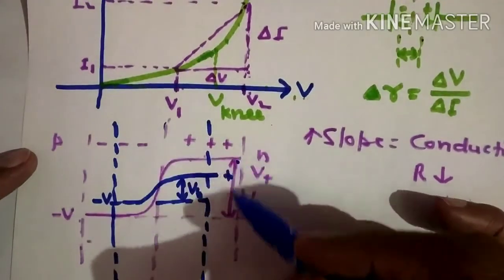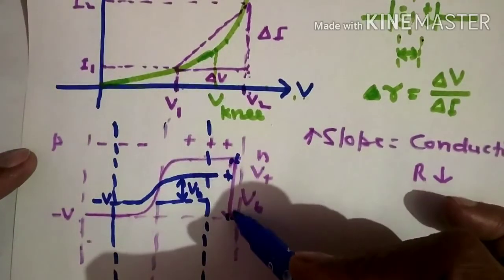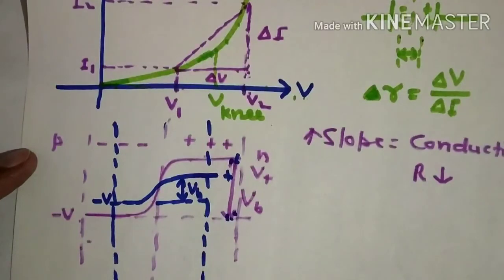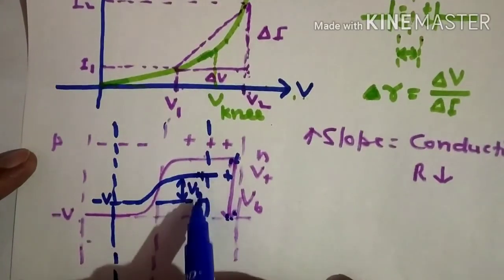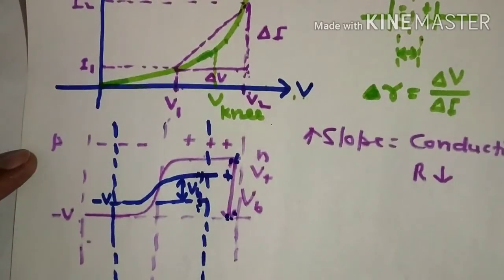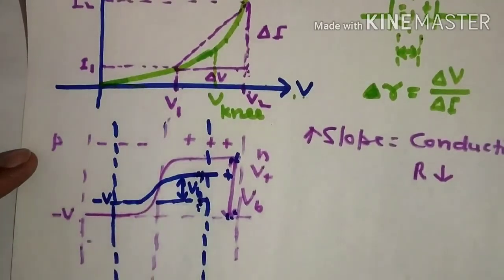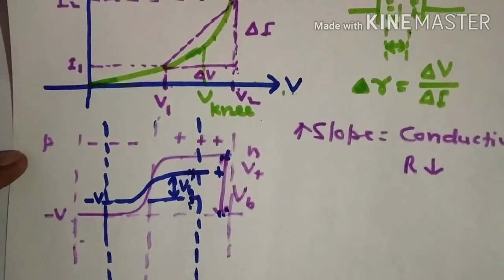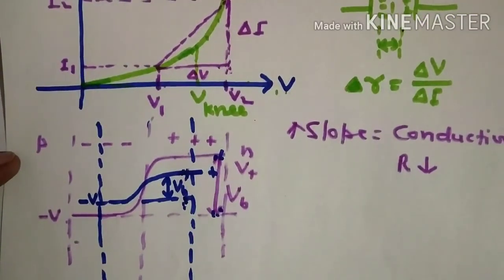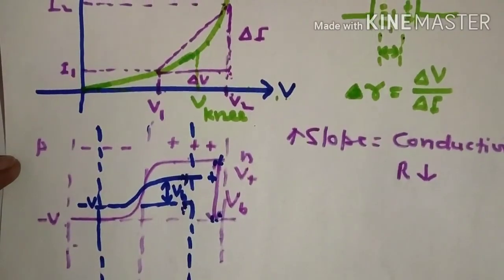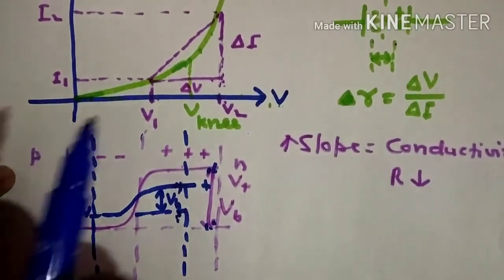So this was the initial barrier potential when the diode was unbiased, meaning there was no connection, and now this is the potential difference when the diode is forward biased. So this barrier potential decreases. So note down all these features of the forward biasing.